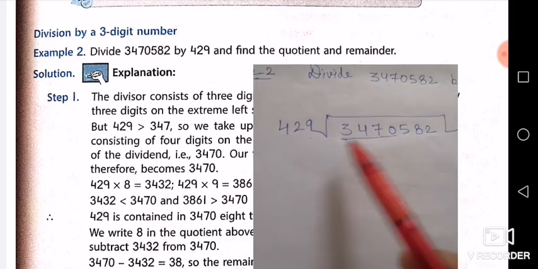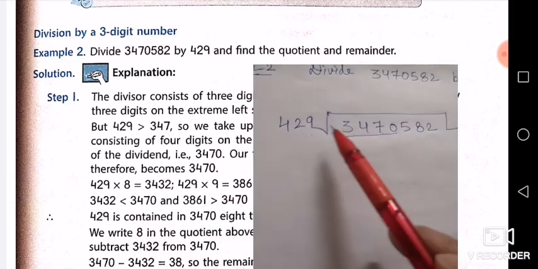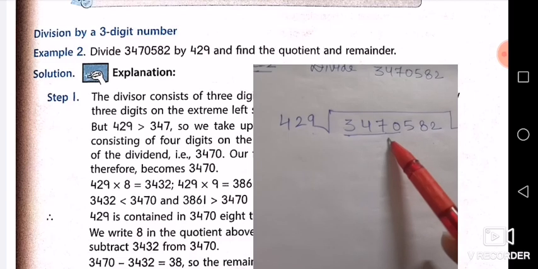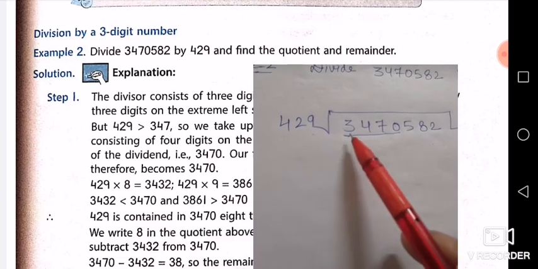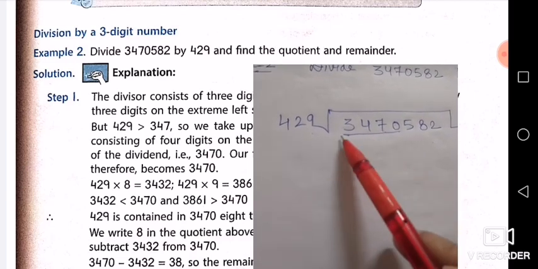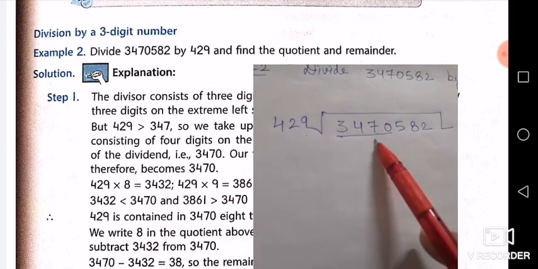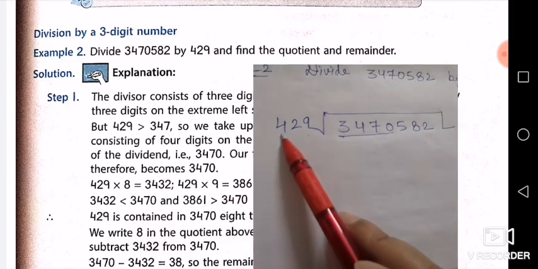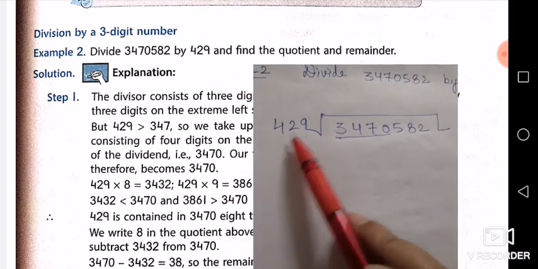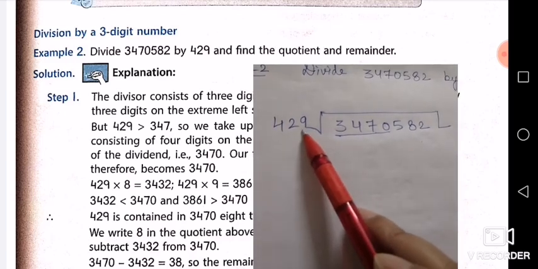Now how can we know which number 429 goes on for dividing 3470? So what we will do, we can see 400, because 429 can be rounded off to 400.